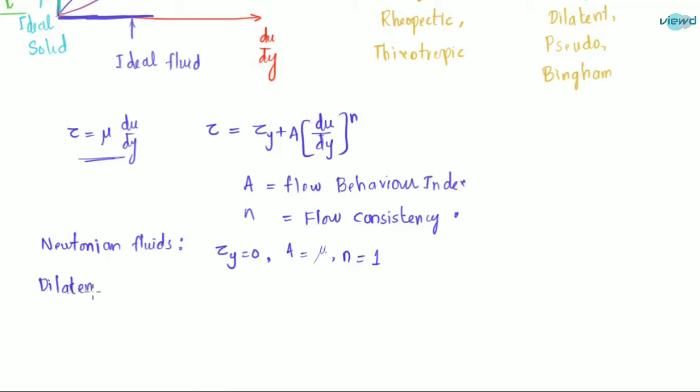What is it for dilatant fluids? For dilatant, tau y is equal to 0 and n is greater than 1. Examples of dilatant fluids are butter and sugar solution.